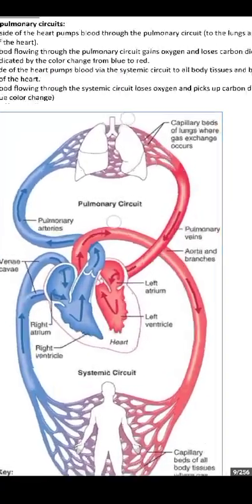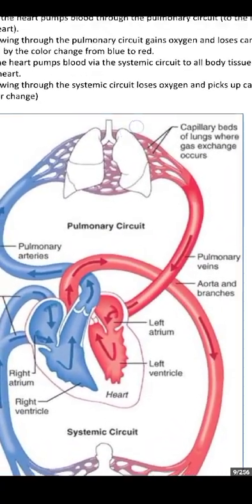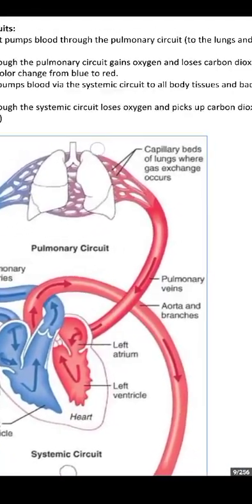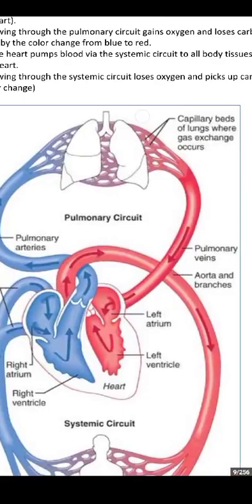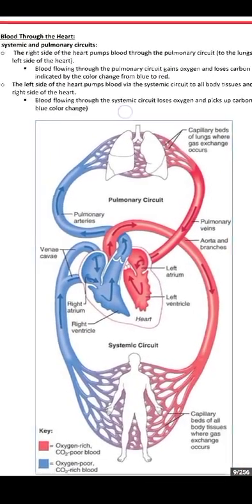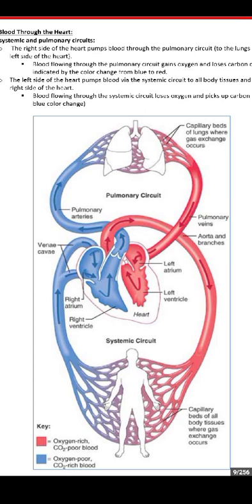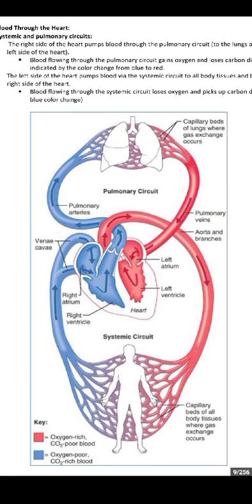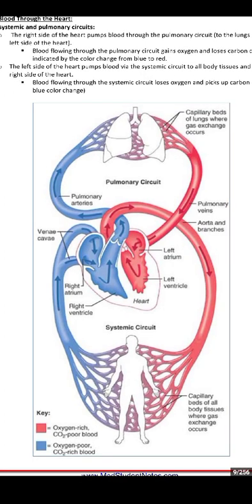In the lungs, it gains oxygen and loses carbon dioxide by exhalation, and the blood becomes pure.